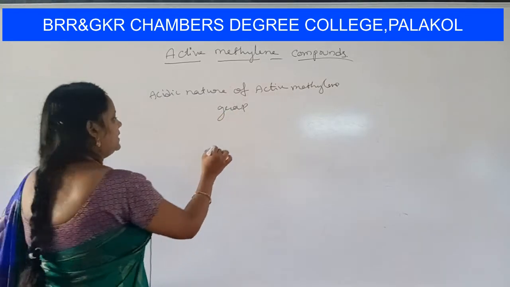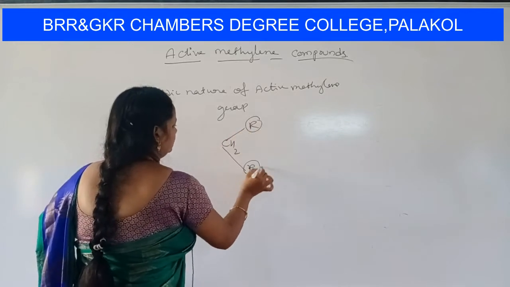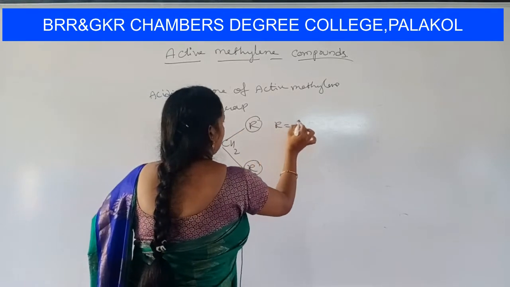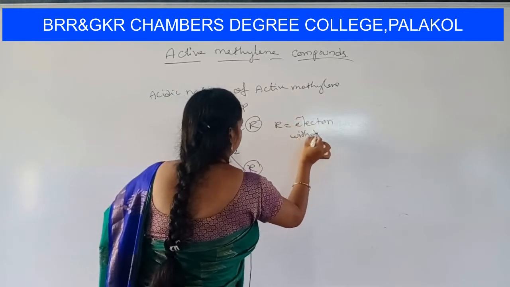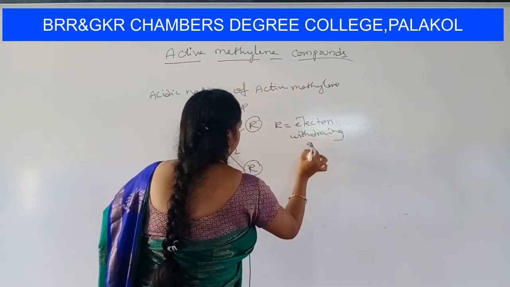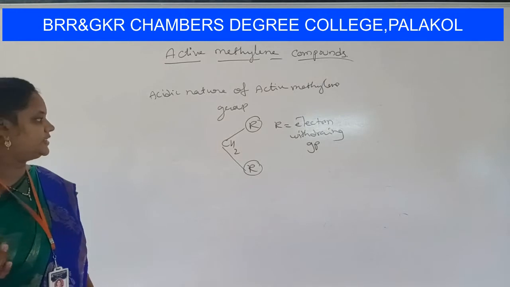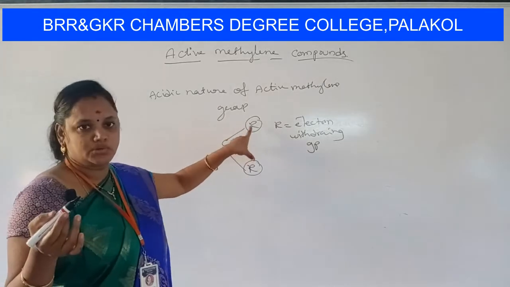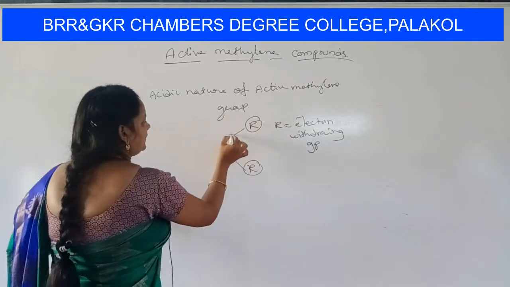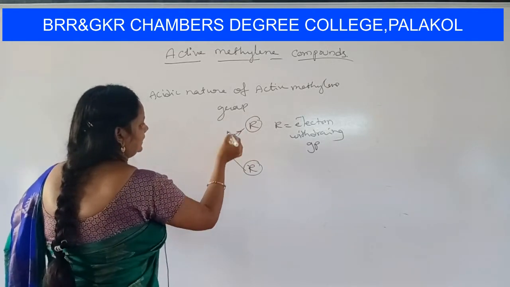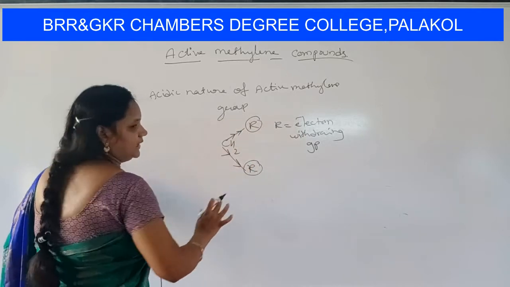Okay, students, CH2 is connected with two strong electron withdrawing groups, R. Electrons are withdrawn from this group, and this group also withdraws electrons from here.